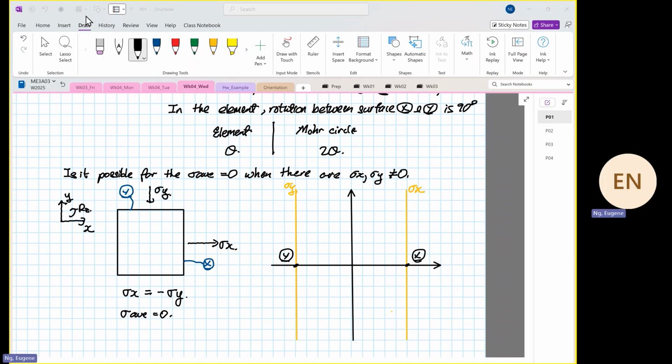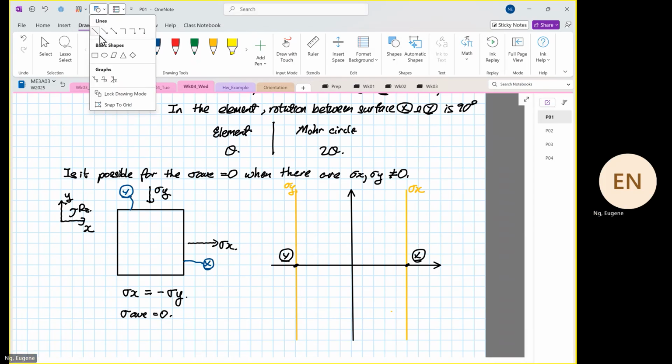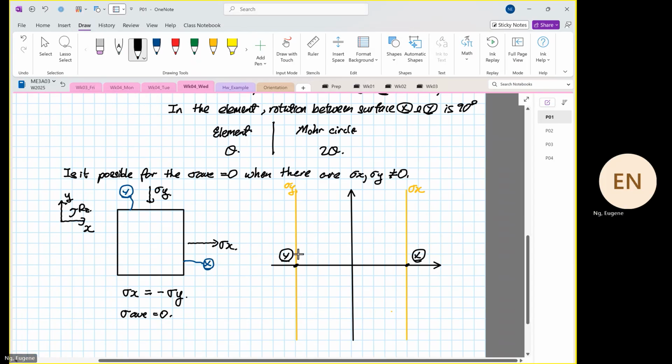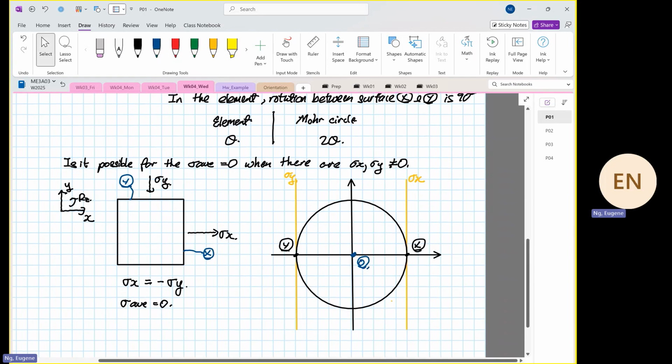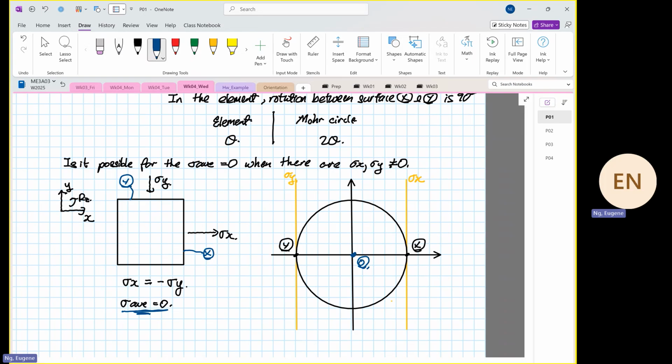So now when we construct this circle, it looks like this. So over here, the center of the circle is our point O. And what we realize over here, it satisfies the condition that the average stress is equal to 0.